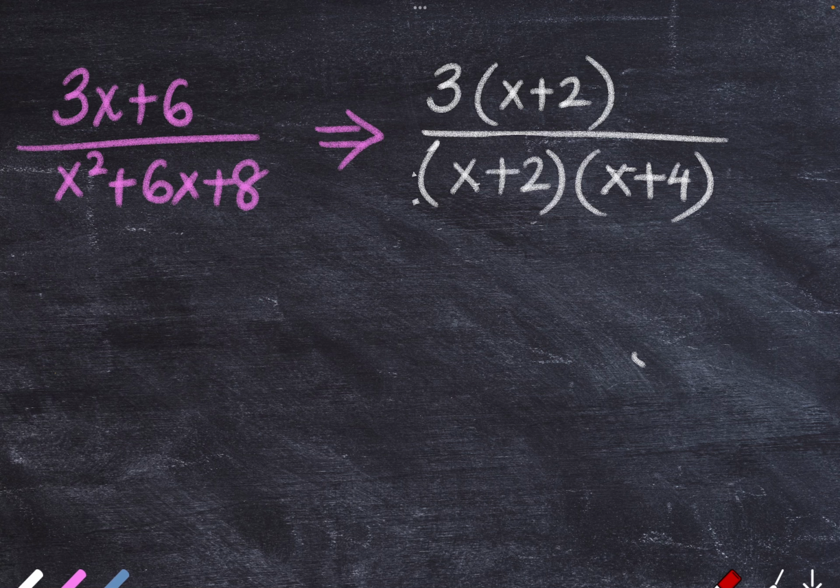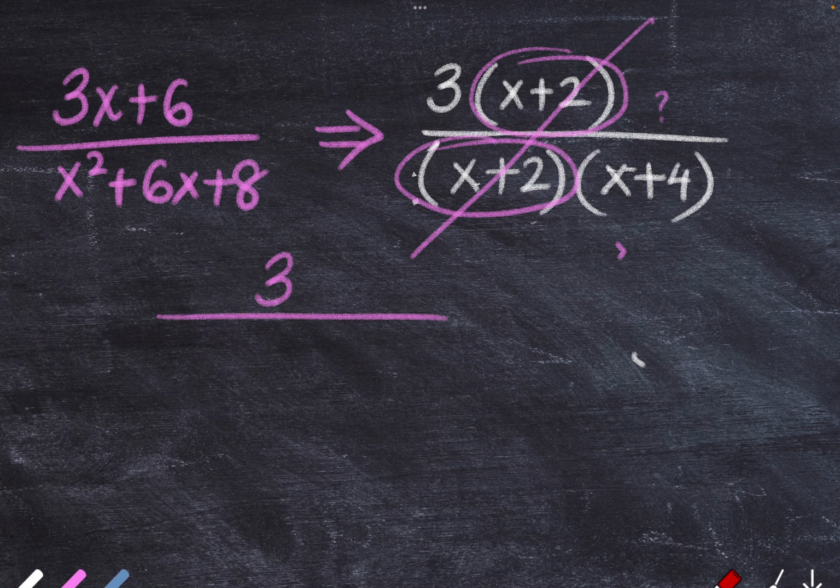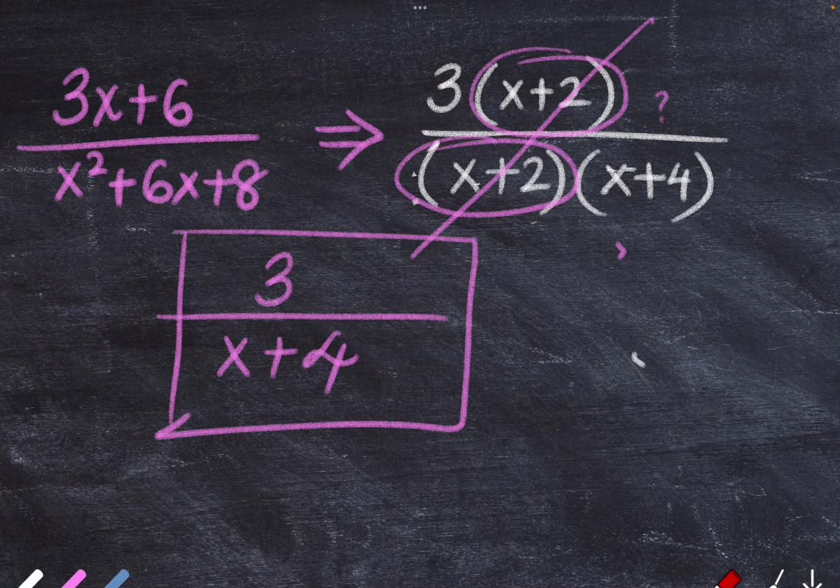So now I can further simplify it. I know that there are two pieces that are common to top and bottom. The common pieces can be cancelled, and that is what makes the work simpler or easier. On the top, I have just 3, nothing else left, and on the bottom part, I have x plus 4. This is the simplified or the equivalent answer because I can't further do anything with them. I cannot cancel them. I cannot factorize these two pieces. Hence, this is the final answer.